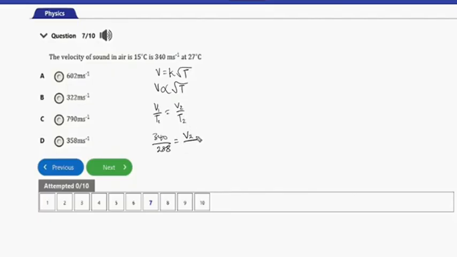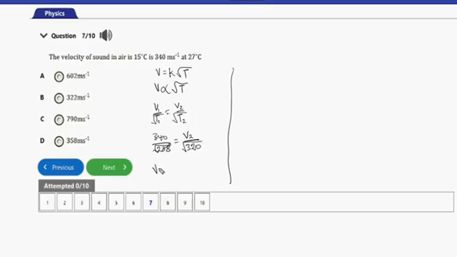V2 is not given and T2 is actually 47 plus 273. So that's 320 Kelvin. So in that case, if we apply this to the formula, we are going to have 340 over square root of 288 is equal to V2 over square root of 320.